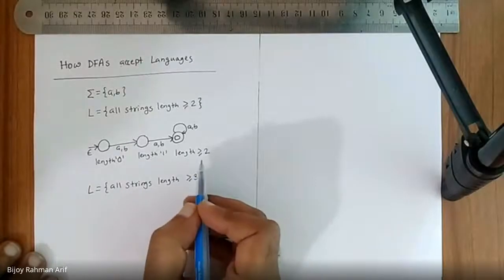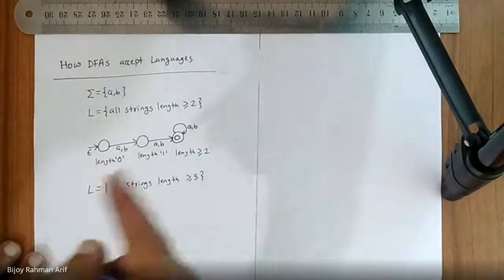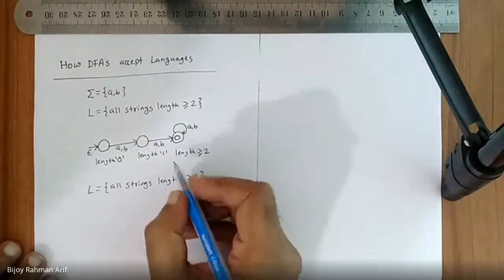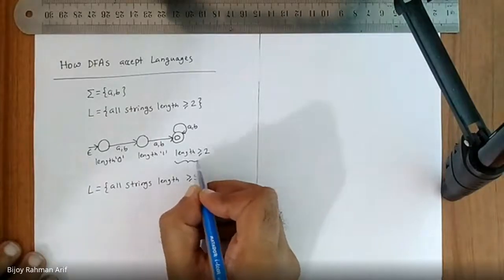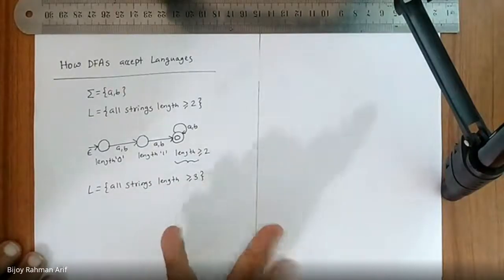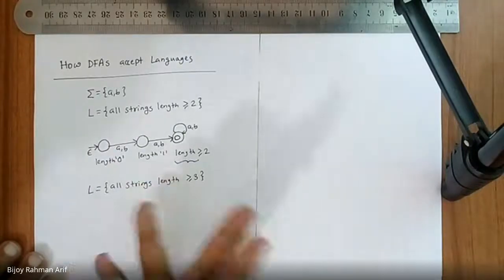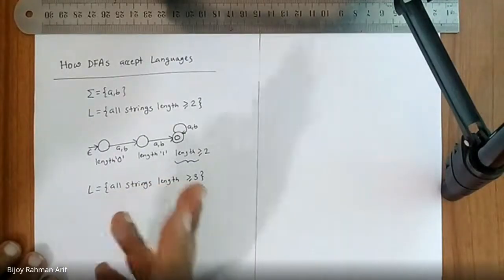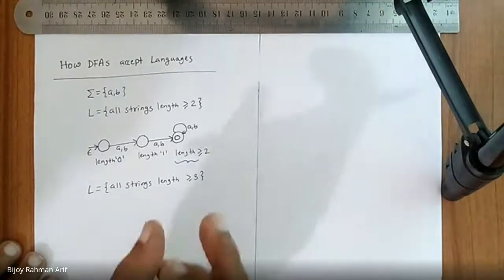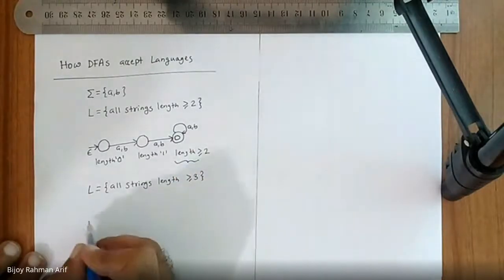Four states. I have to increase the states in this problem, because right now I also have to consider length 2 separately. I'm not going to accept length 2, but after that I'm going to accept. So length 2 should be a separate state. So I have to increase the states now.